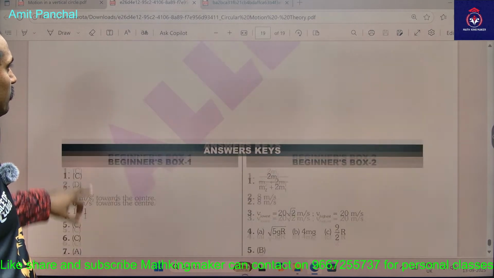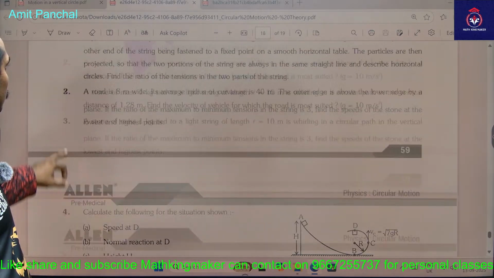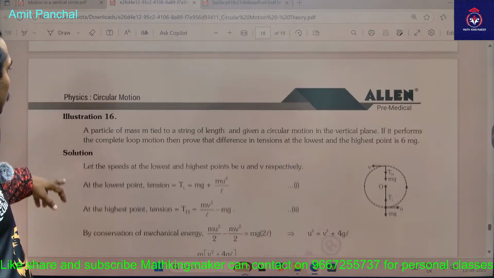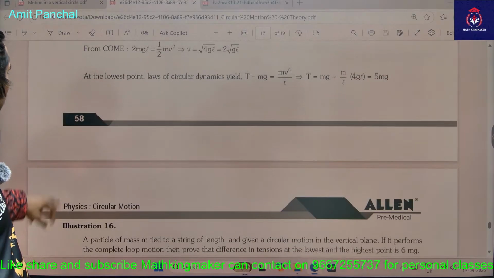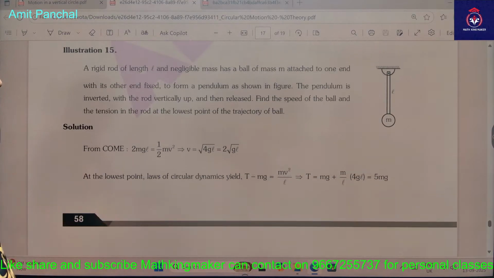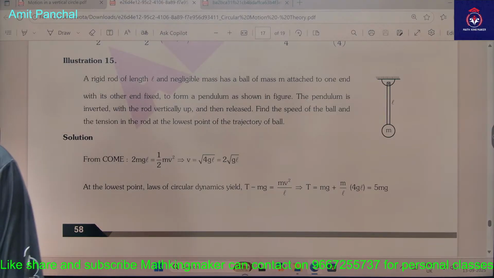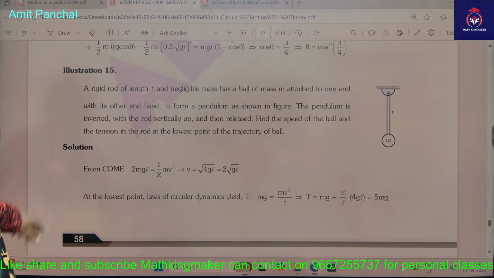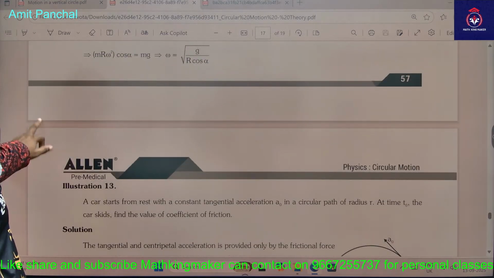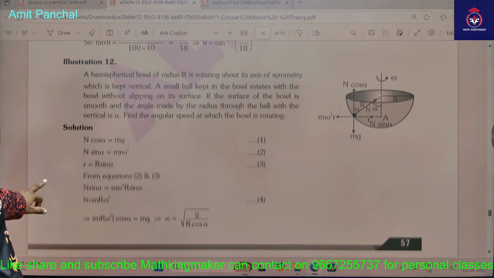Okay, 60. Can you go to illustration number 12?